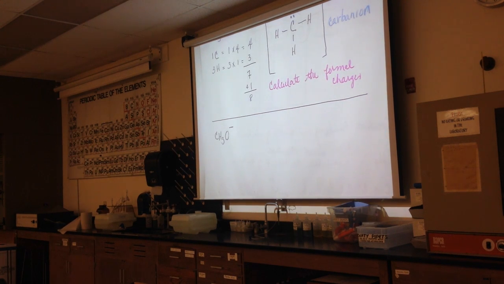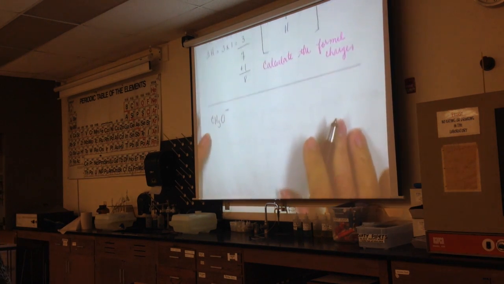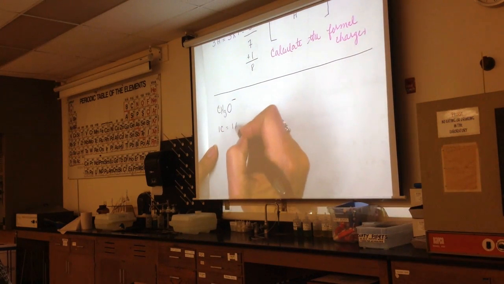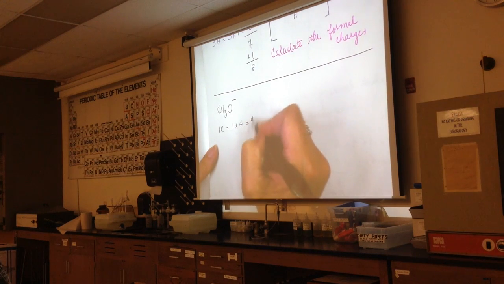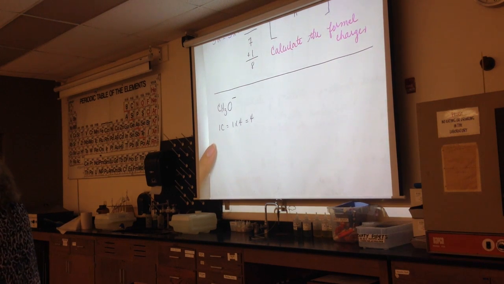Everybody coming up with 14? 14 is the magic number? Okay, so people are coming up with 14, right? I have 1 carbon. Carbon is in group 4. You're looking for the group number that they're in. Group number tells you the number of valence electrons.